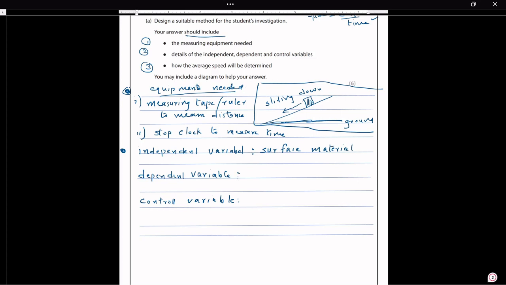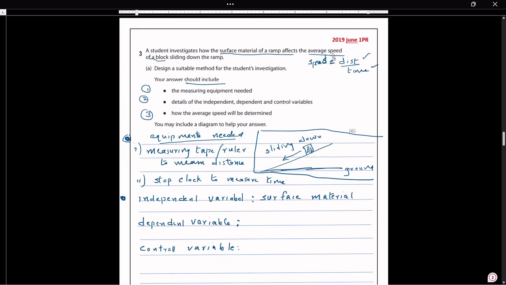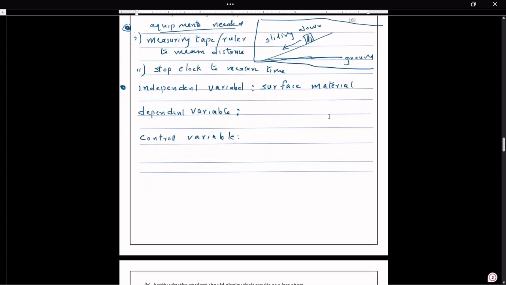Now the dependent variable is measuring the time. When the experiment gives an output, he is measuring the time. Therefore, he is measuring not the time, he is measuring the average speed, or he is calculating the average speed. So the dependent variable here is the average speed.